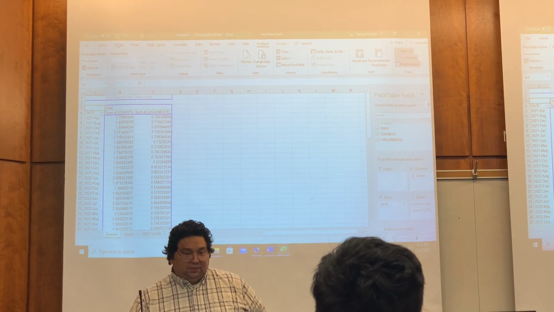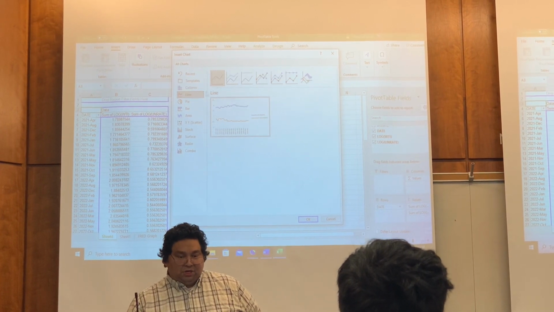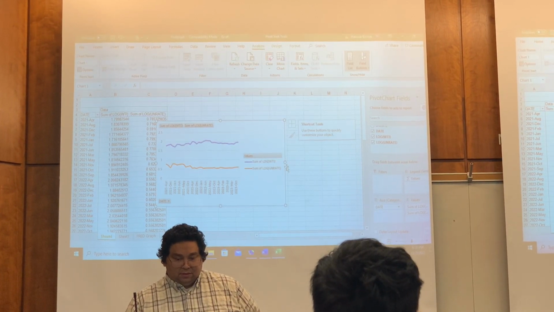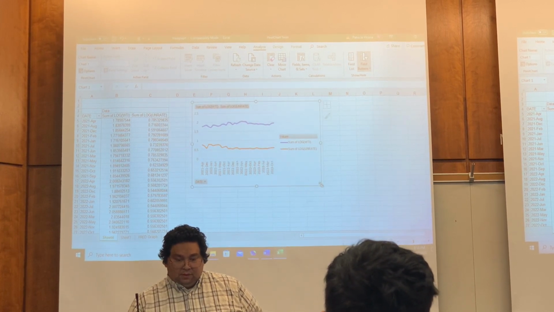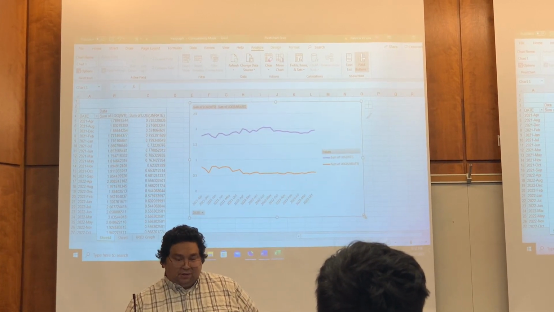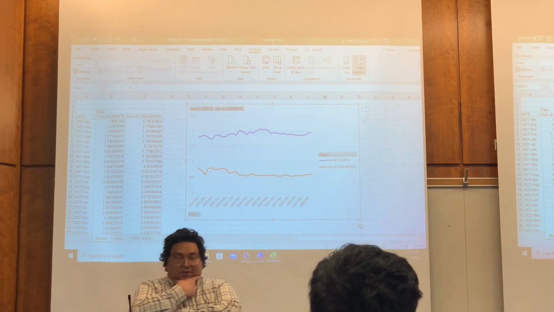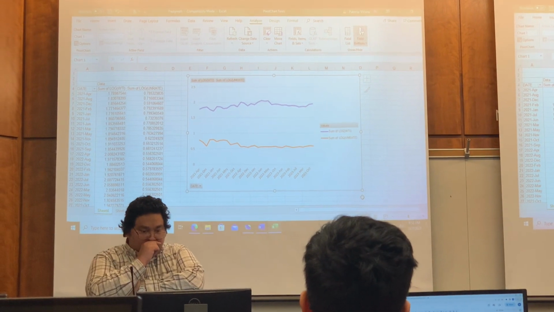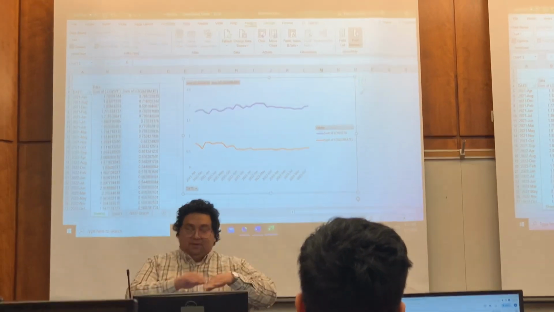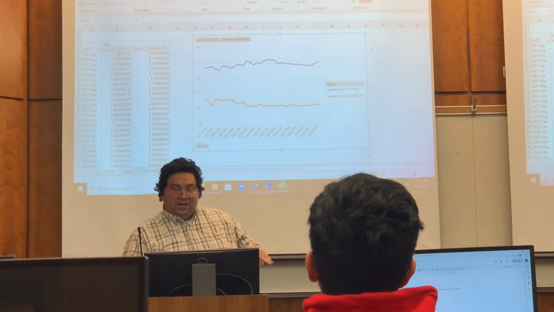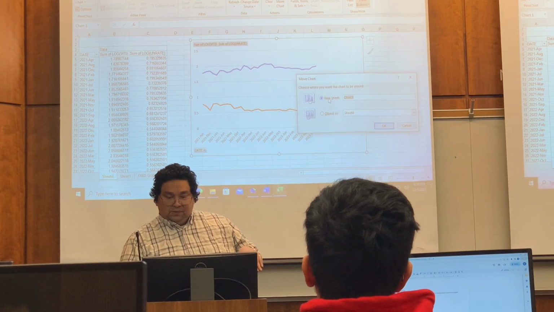So our first chart will be a line chart. Okay. So look at this. This is a line chart. And what can we see from this line chart? About the unemployment rate. Do we have high variability in the employment rate? If we move this into the new sheet.